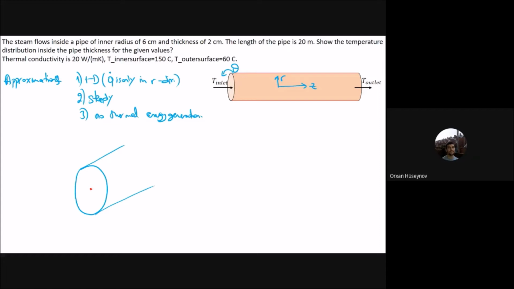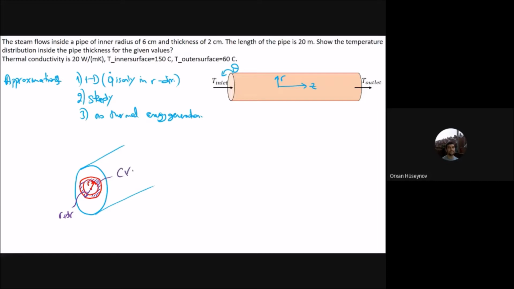This one will be the center, and at a distance of r, I will take a circumference, and at r plus dr, this one will have a circumferential length at radius r plus dr. Then this one will be my control volume.